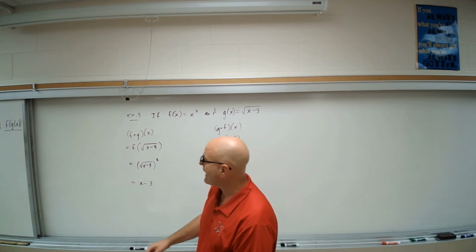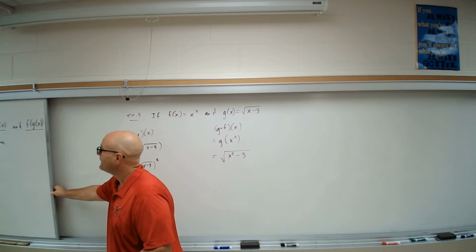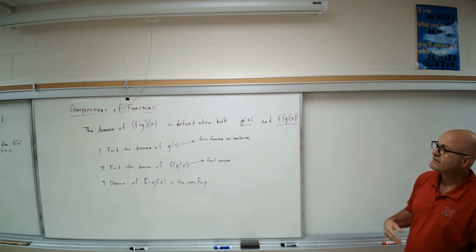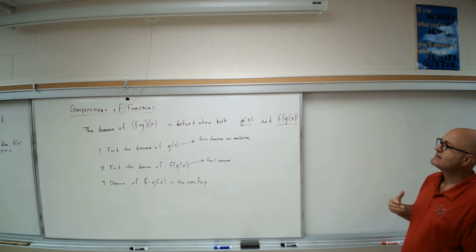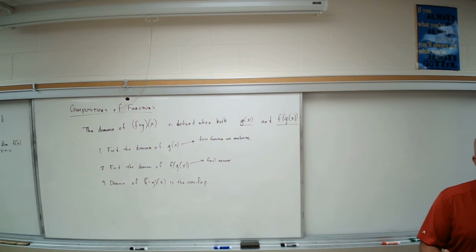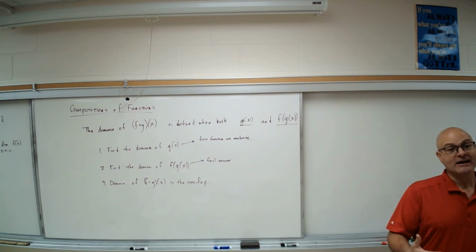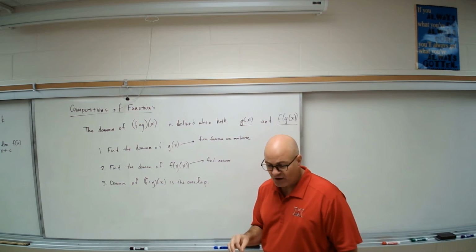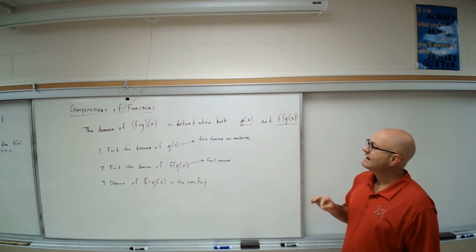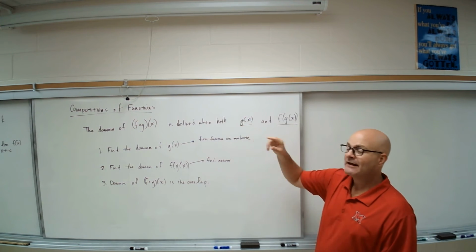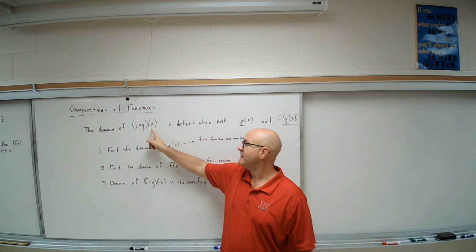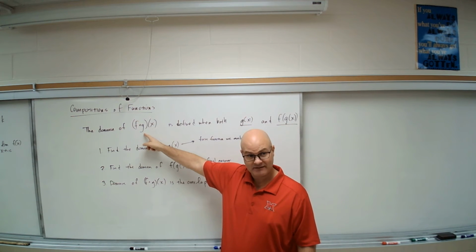What I want to look at now, on the bottom of your worksheet, is this information which talks about the compositions of functions and how we define the domain of them, right? What x's are going to actually produce an answer. So for this, it says the domain of f of g of x is defined when both, and this is important to note, if I write f of g of x, g comes first, correct?